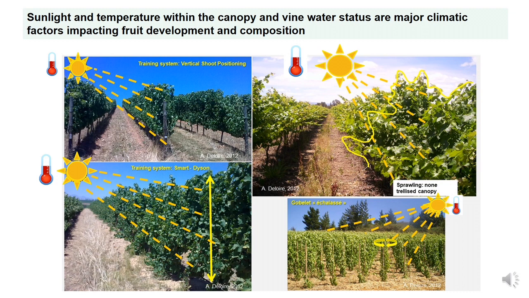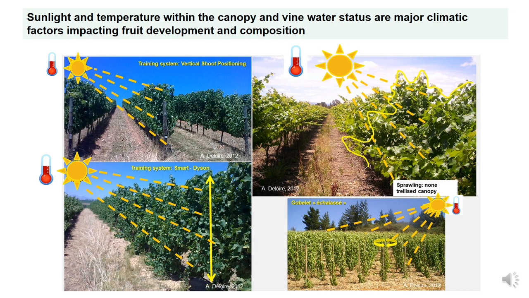The training system will define what we call the architecture of the vegetation, and to make a long story short, a training system is a tool to achieve two goals: yield and wine quality. And obviously the training system and the architecture of the vegetation will impact canopy and bunch zone microclimate.